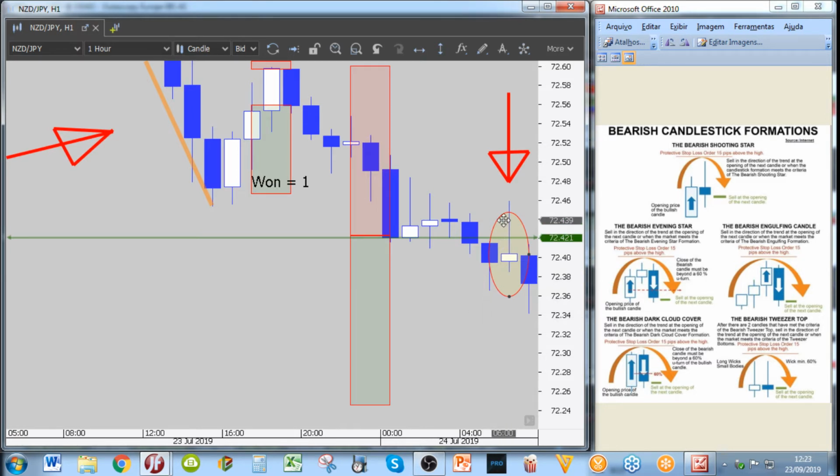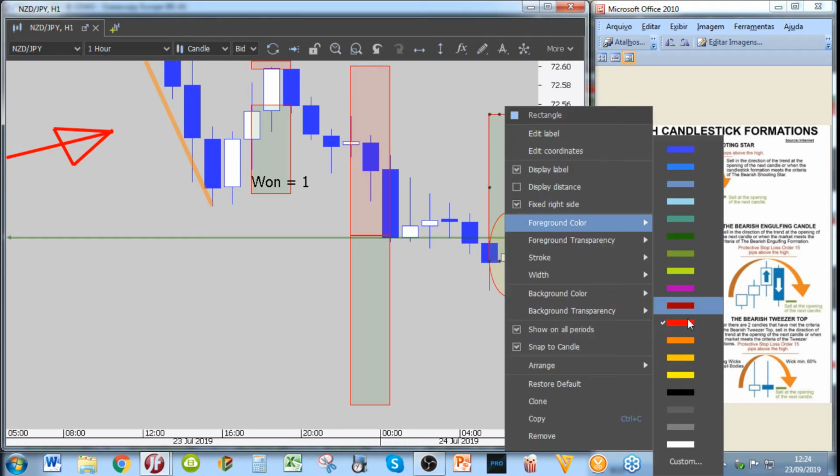Now again, a trader, a scalper with no education, he would sell this one, maybe in here, so his risk is going to be, what is this? 7245, so 7255, 7255 is going to be his risk.